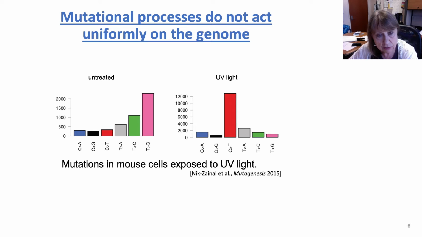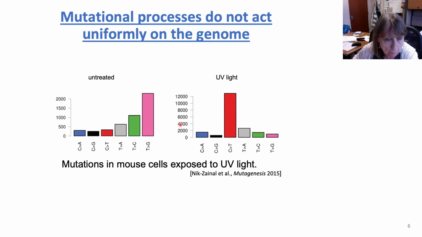Interestingly, such reverse engineering is to a large extent possible, and what makes it possible is the fact that mutational processes do not act uniformly on the genome, but rather different mutagenic processes have different characteristics. For example, it has been observed that UV light tends to produce a lot of mutations from C to T. Here in this experiment, you have a comparative analysis of mutations in mouse cells exposed to UV light and not exposed to UV light.